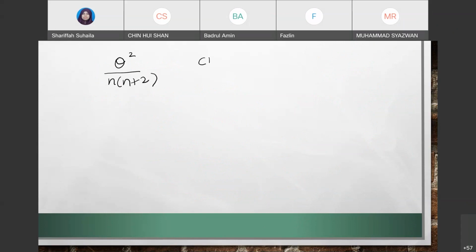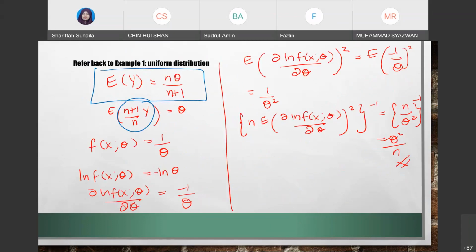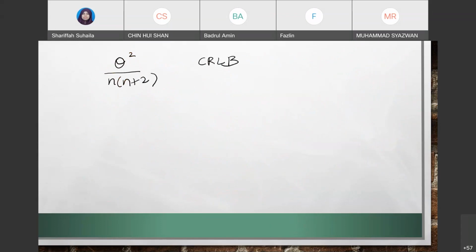So we have variance n plus 1 over n y, and what we get is theta square over n plus 2. Is it greater than or equal to, or less than theta square over n? Greater than or less than? Less than.